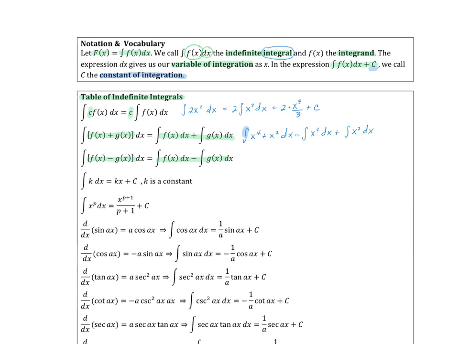And then I can evaluate these separately. Now when you evaluate these two integrals separately, you don't have to write the constant twice. Because we started out with just one integral, you only need one constant at the end. This becomes x to the 5th over 5 plus x to the 3rd over 3 plus a constant.